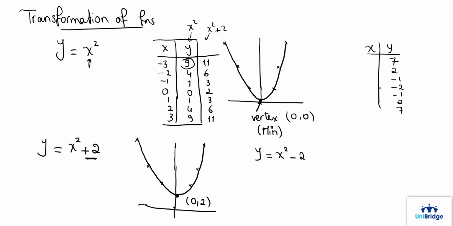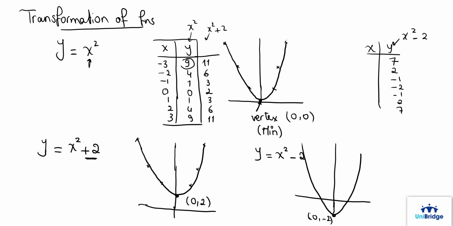All the values decreased by 2, since now I want to find x squared minus 2. So the graph is going to go down 2 units in the y. It's going to start at 0 and -2, and it's going to have the same exact shape, but it went down by 2 units. So this is when the positive or negative is outside the x squared.